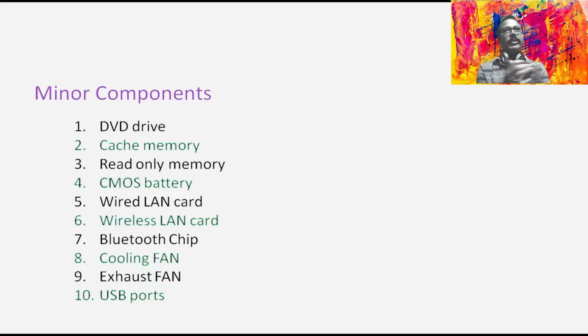Apart from it, you need to know about the cache memory, particularly how much cache memory is required, and then read-only memory. You may not specify the value for read-only memory, but it is important for the working of a computer. And then the CMOS battery, complementary metal oxide semiconductor battery.